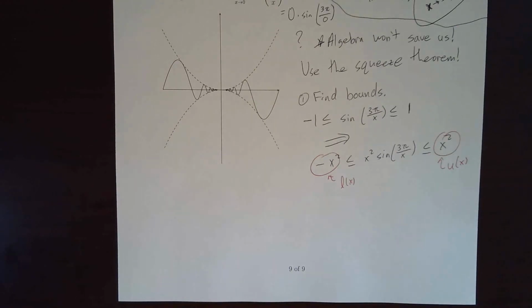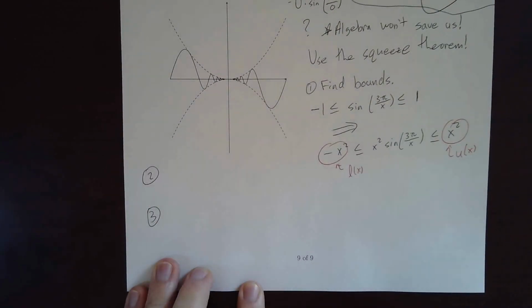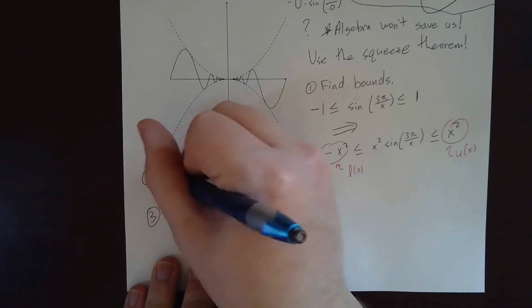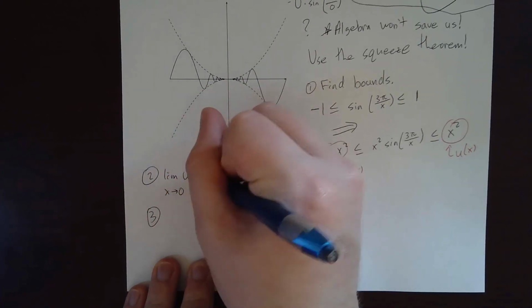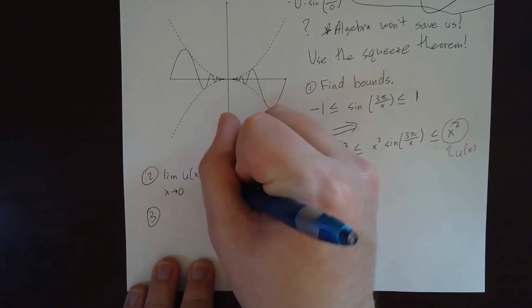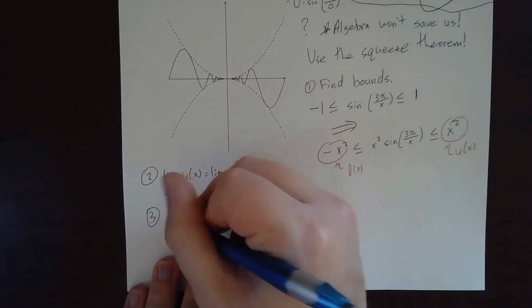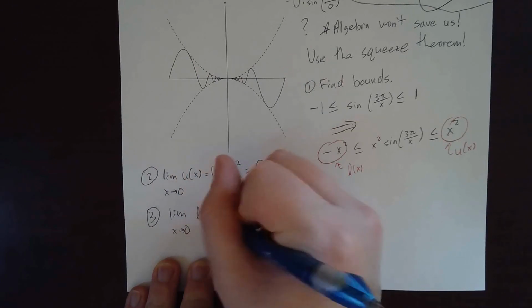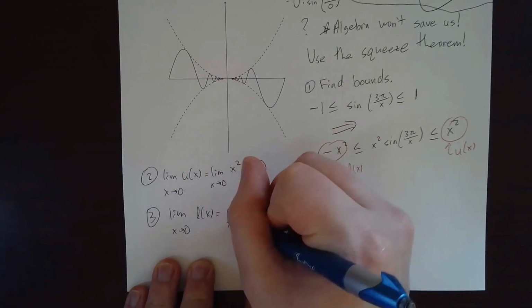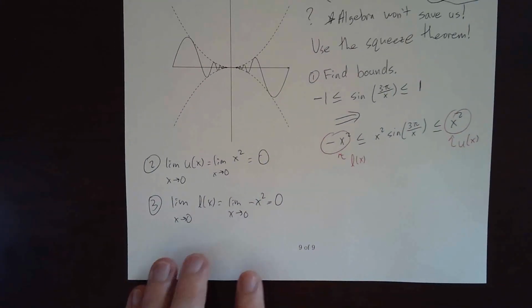So then steps 2 and 3 will be to find those limits for those lower and upper bounds. So we want the limit as x approaches 0 of U of x, which is just the limit as x approaches 0 of x squared, which is 0. And we want the limit as x approaches 0 of L of x, which is the limit as x approaches 0 of negative x squared, which again is 0.